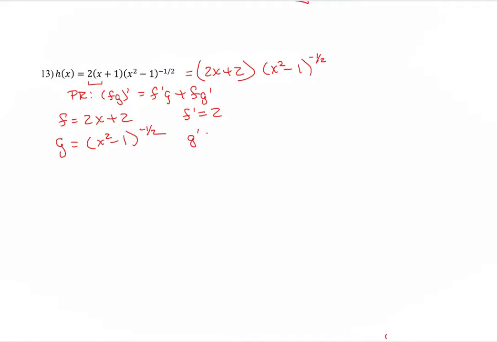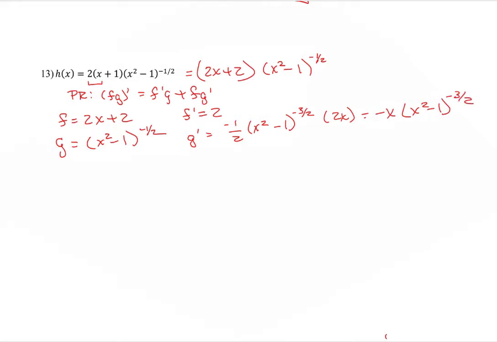So g prime equals negative 1/2 times (x squared minus 1) to the negative 3/2, times 2x. This can be simplified. So what I get there is negative x times (x squared minus 1) to the negative 3/2.